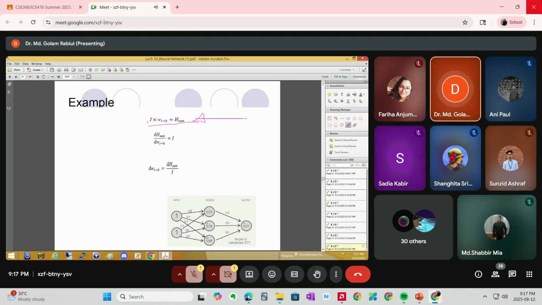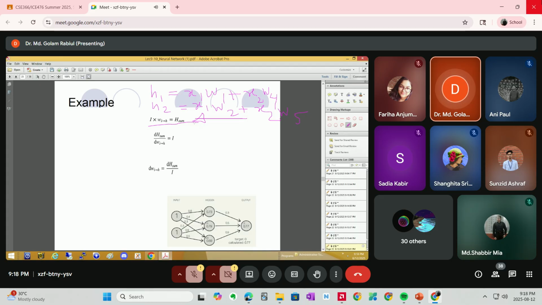So we can see this is input times W equals hidden sum. Already we know that H1 is X1 W1 plus X2 W4. Similarly, H2 is X1 W2 plus X2 W5.